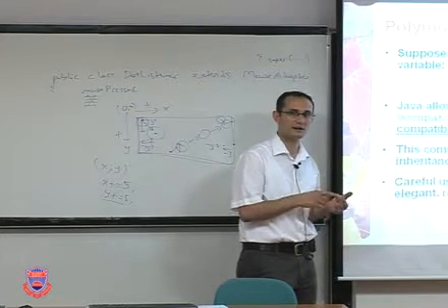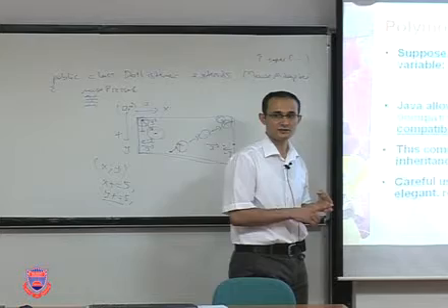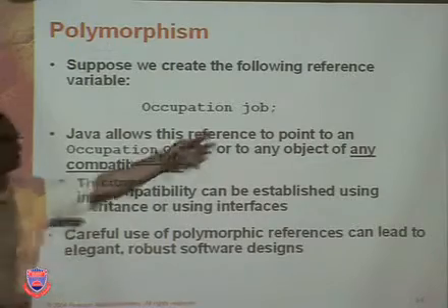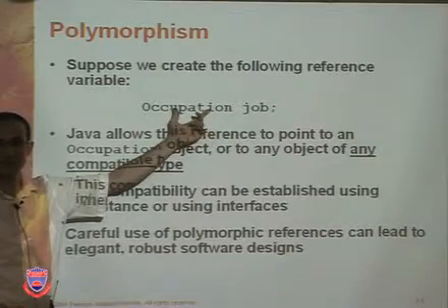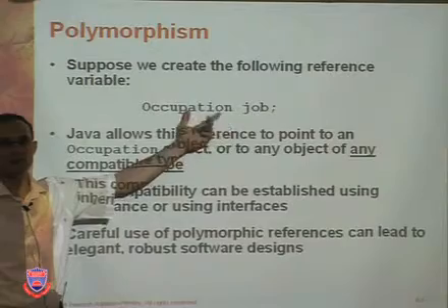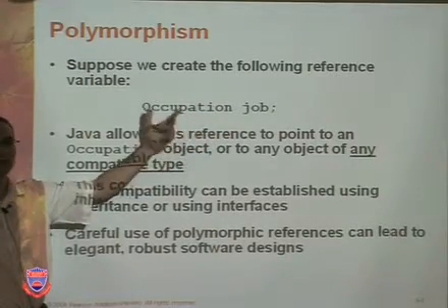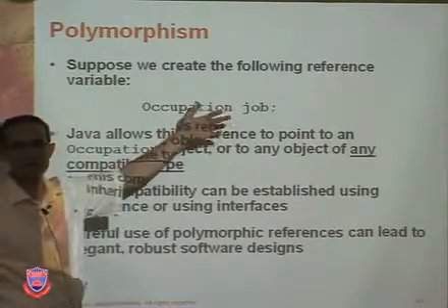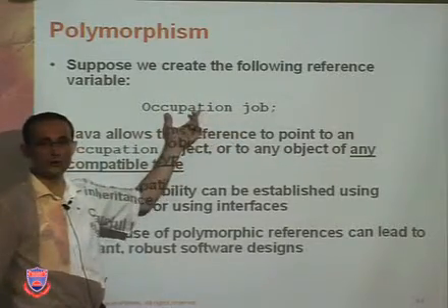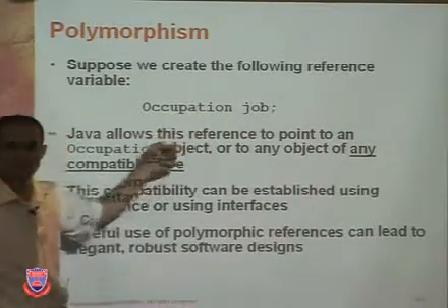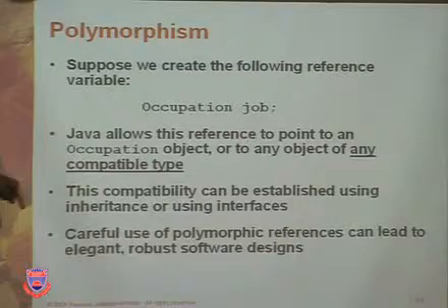If they are related using inheritance or interfaces, you will be able to assign one object to the other type if they're related. So for example, if you have another job type which is hard job, let's say, you have a subclass of job which is hard job, and you can assign occupation to a hard job object as well, because it's the parent class which can be utilized to be used as a child class.